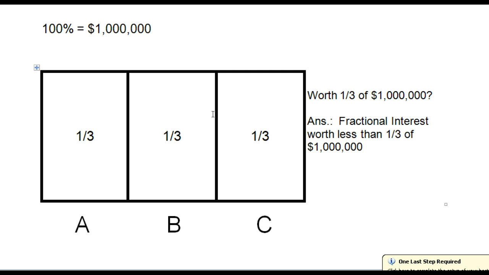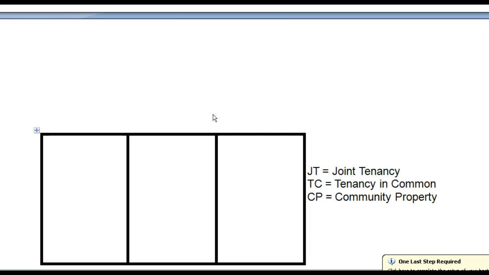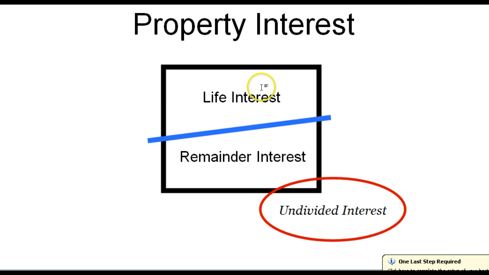What you would have to do, and there were some examples in the problems, is use tables that are included in the regulations and referred to in the discussion forum problems to compute the remainder interest value. And remember that remainder interest, if you go back to an older illustration, let's say you have a property interest, there's a life interest, and you have a remainder interest. That remainder interest, if you're going to value it, there are tables that must be used.